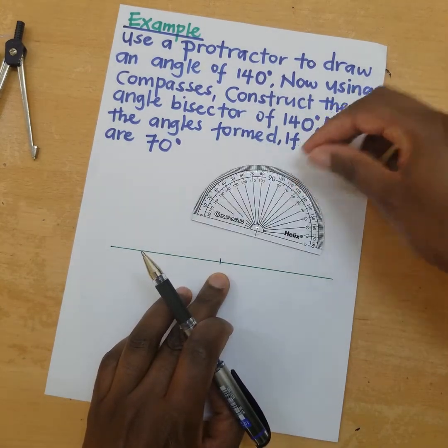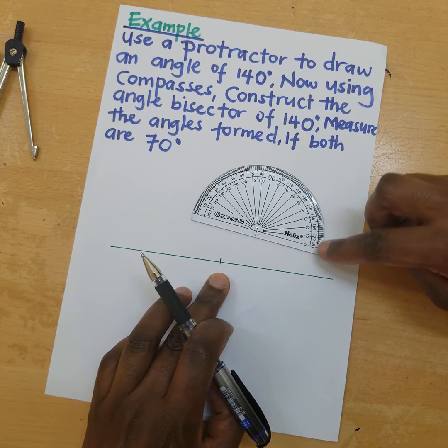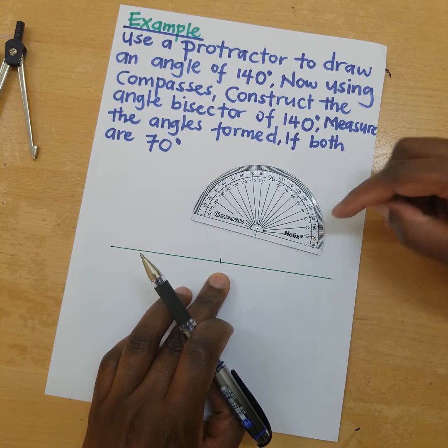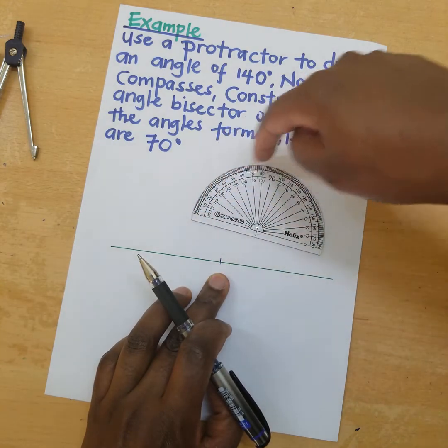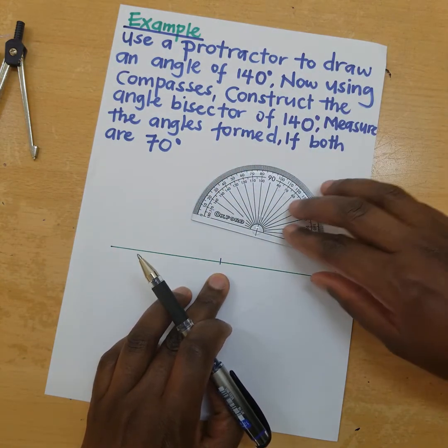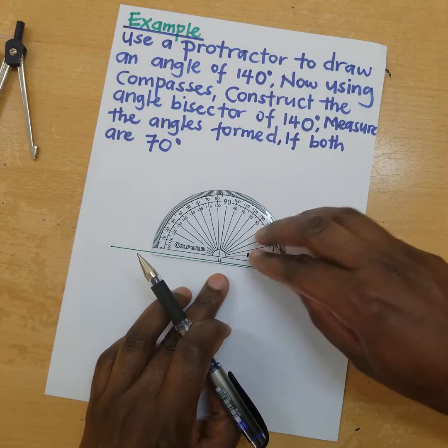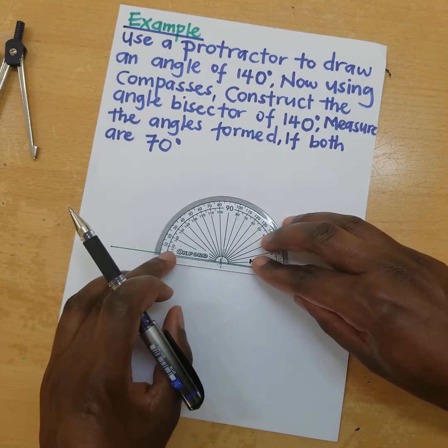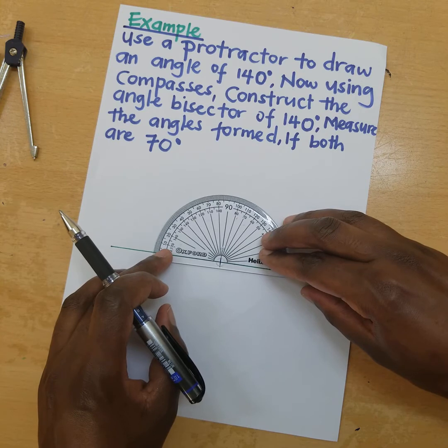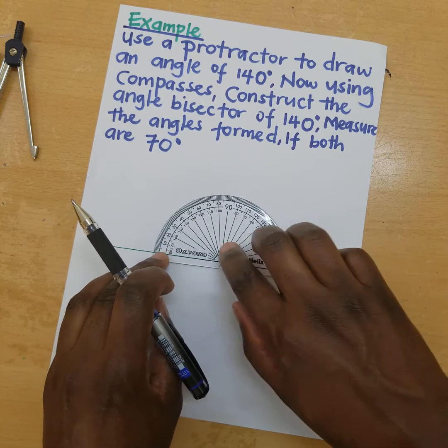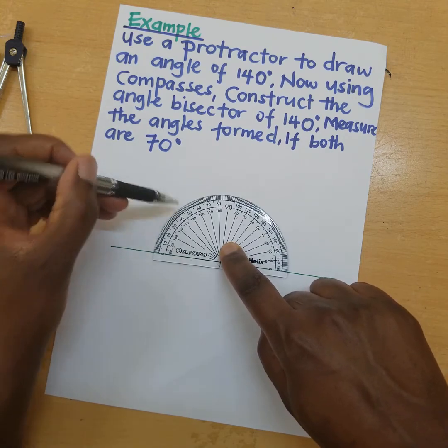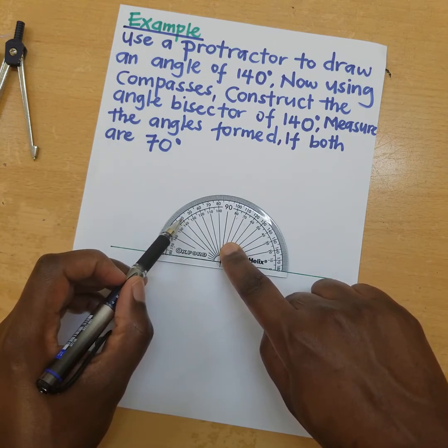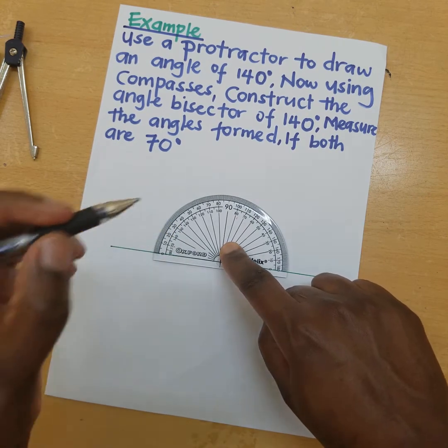Look at your protractor. You remember that it has two scales. One is starting from 0 here, the inside part, and the other one, the outside part, is starting from 0 and going to 180. Okay, so they are telling me use your protractor. So I'll come and put my protractor here. This is my center point. Now look for 140. I have 140 here. See, this 140. 140 is bigger than 90 degrees, so it is obtuse angle.